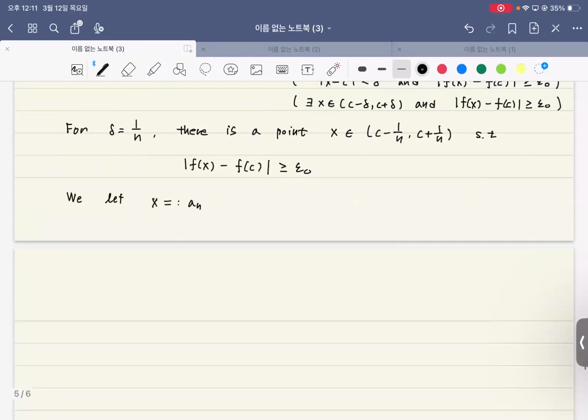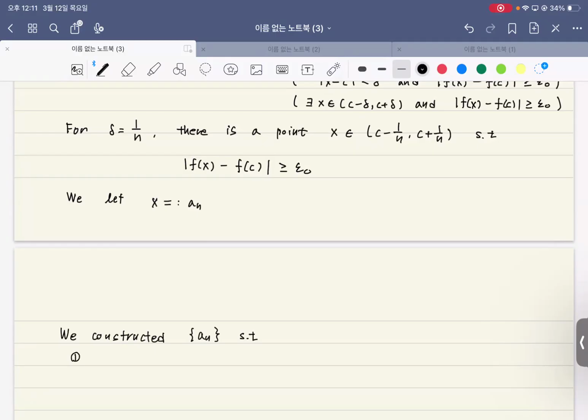We have just constructed a sequence a_n, and this sequence is satisfying two conditions.